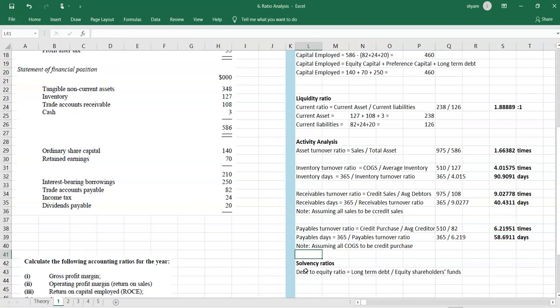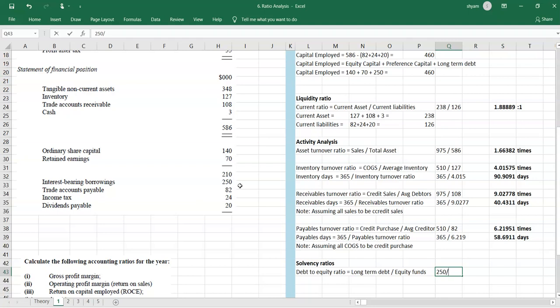Okay, so let's go to the solvency ratio. The solvency ratio is long-term debt divided by equity shareholders' funds. As we don't have space, we'll put it here. Long-term debt is this number, 250, divided by shareholders' funds, which is 210.